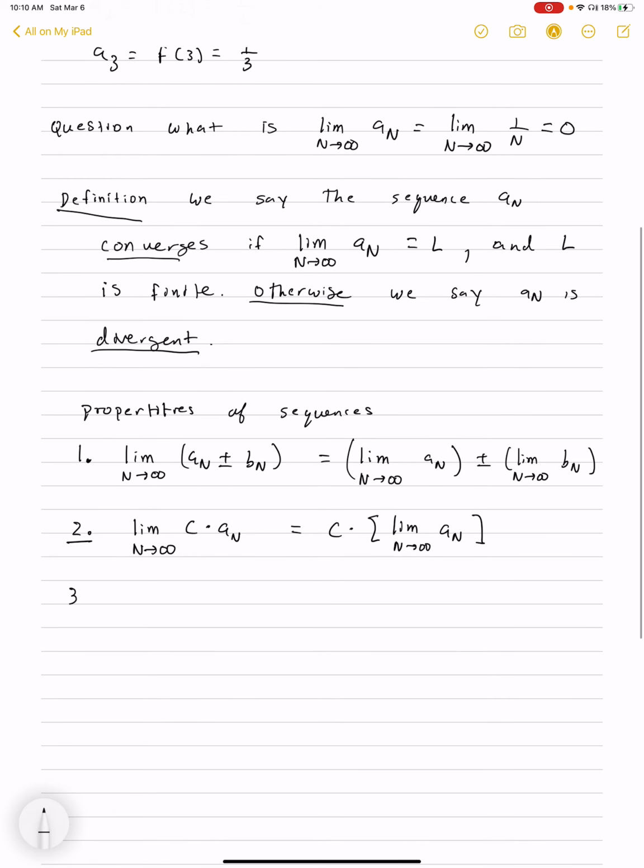Our third one is that the limit as n goes to infinity of a sub n times b sub n is the multiplication of the limits.